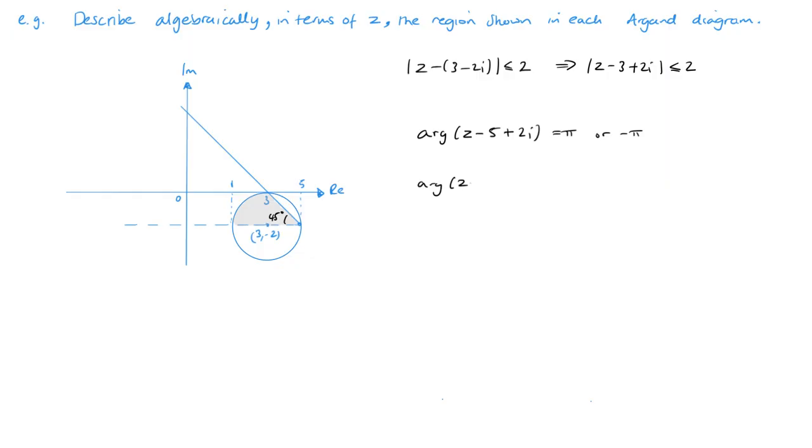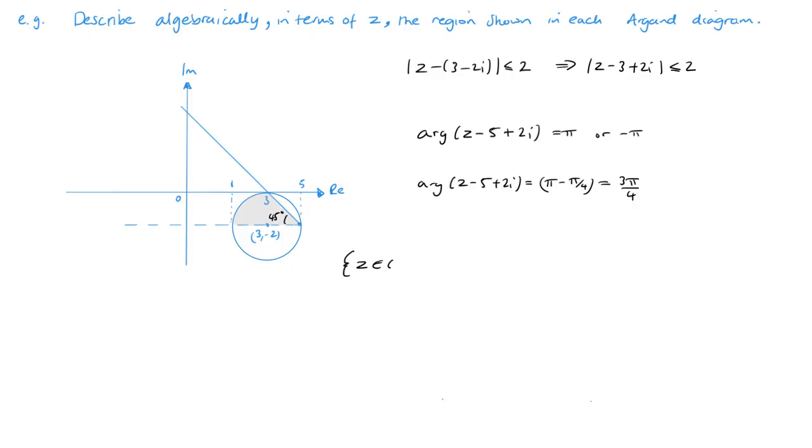Okay, so this angle here is 45 degrees. So we get arg(z + 5 − 2i) is equal to, going this way, π − π/4. So π − π/4, which is 3π/4. Okay, so there we have our argument. Okay, our two half lines, and what we need to do now is put these two together.